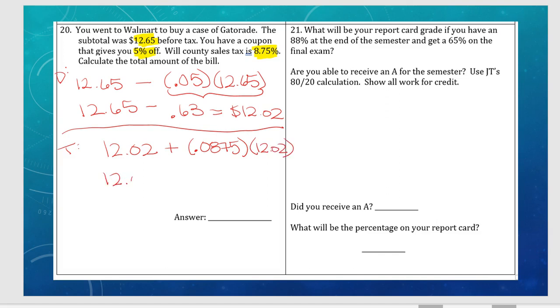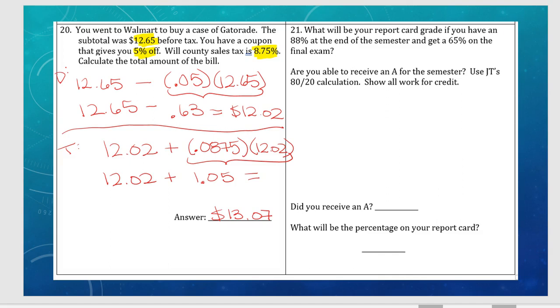So again, you can put this in your calculator exactly how you see it, or you can follow the order of operations, which is multiplication before addition. And it looks like what we're paying the government, that's where our taxes go, is $1.05. And our total for this purchase is $13.07. So number 20 is a discount and tax problem.